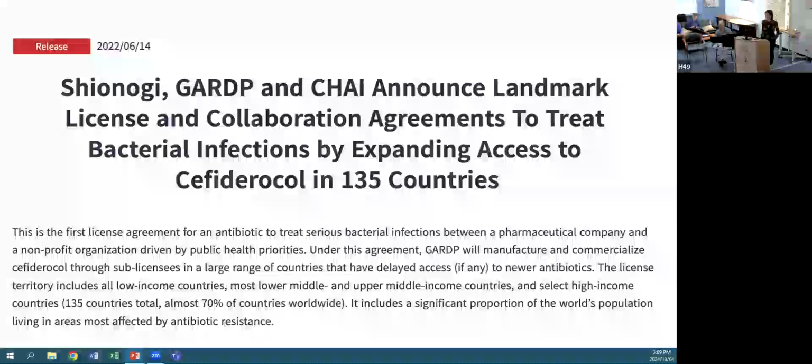This agreement includes a technology transfer agreement that aims to significantly transform the landscape of access to Cefiderocol for countries around the world. This is the first license agreement of an antibiotic to treat serious bacterial infection between a pharmaceutical company and an NGO that's driven by public health priorities. Under this agreement, GARD-P will manufacture and commercialize Cefiderocol in 135 countries that include all low-income countries, most middle-income countries, and select high-income countries.